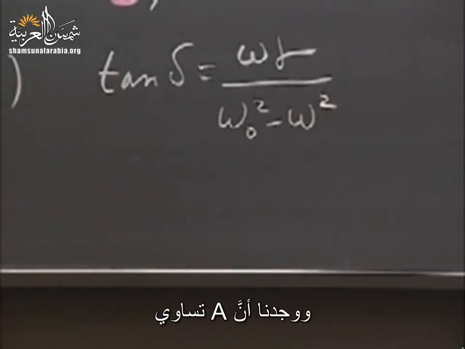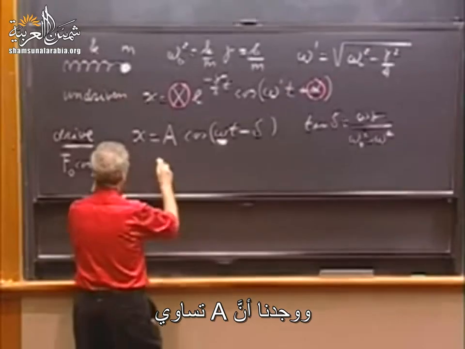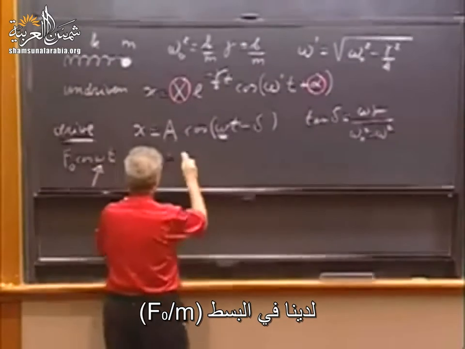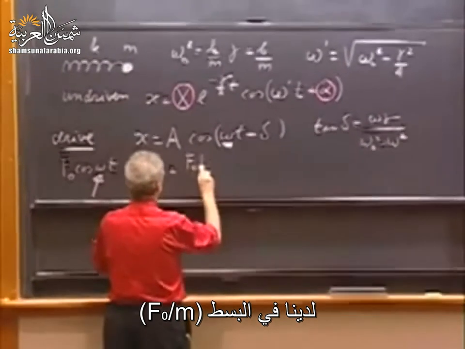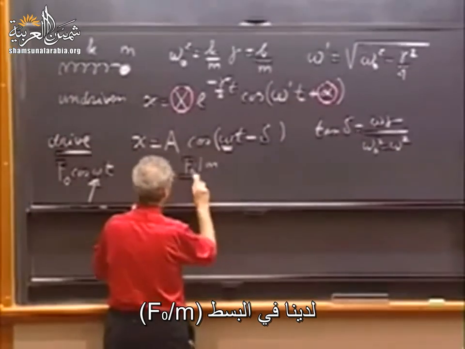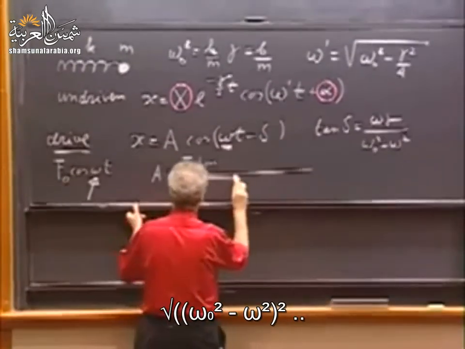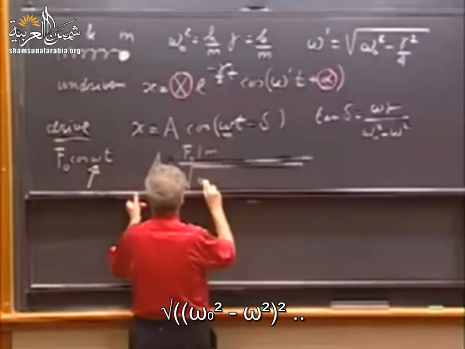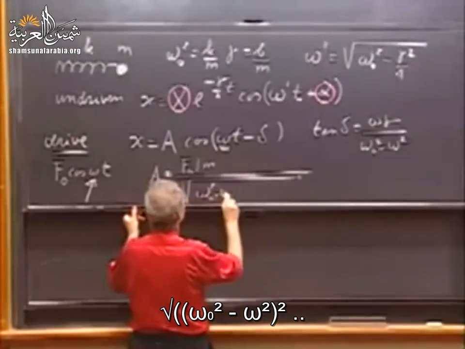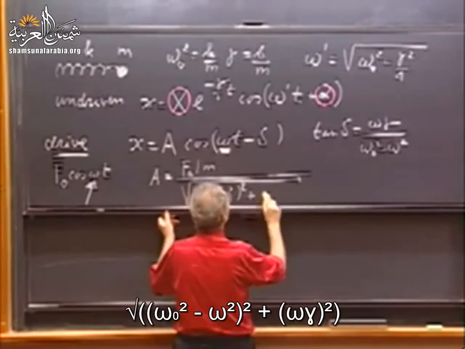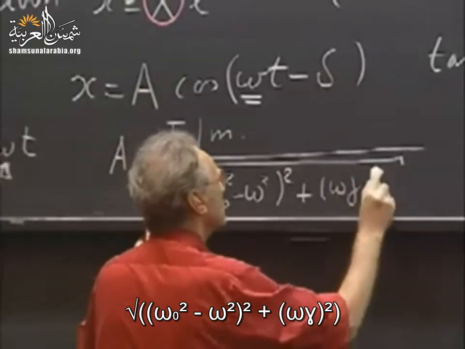And we found for A this monstrous solution. Remember, upstairs we had F0 divided by M, and downstairs we had the square root of omega 0 squared minus omega squared, squared, plus omega gamma squared.